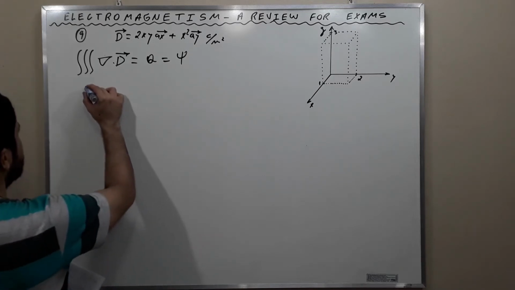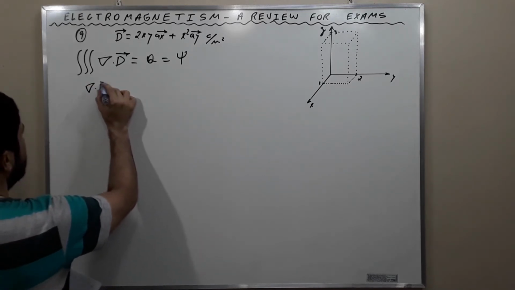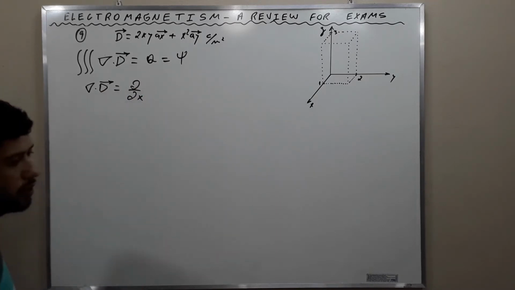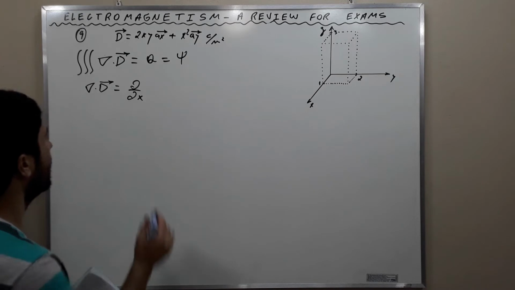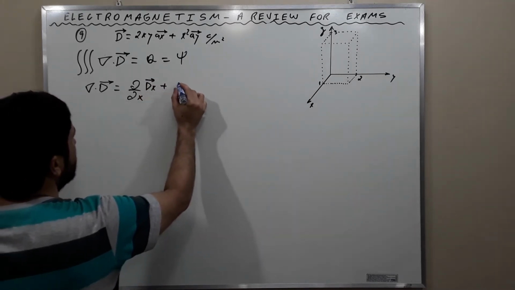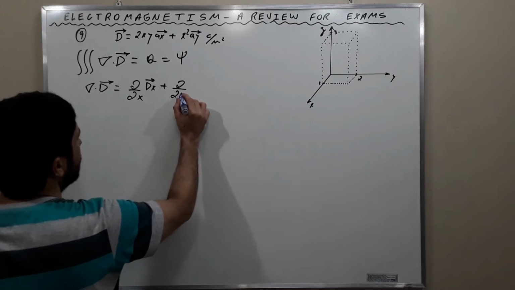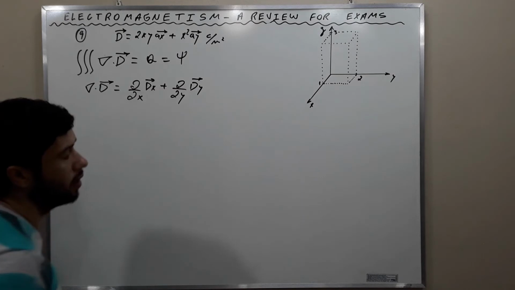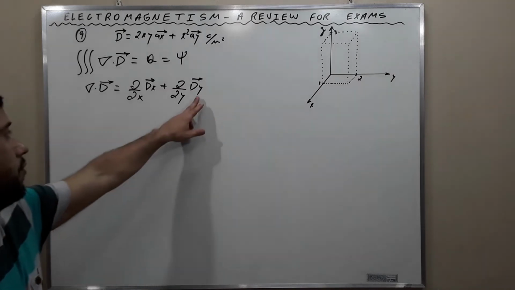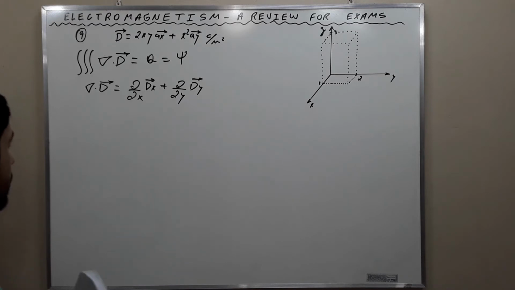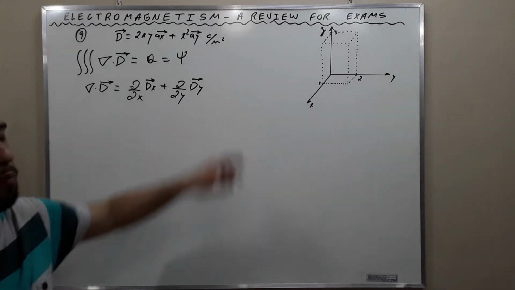The divergence of D is equal to the partial derivative with respect to x of Dx plus the partial derivative of Dy with respect to y, and we don't have the z component here.